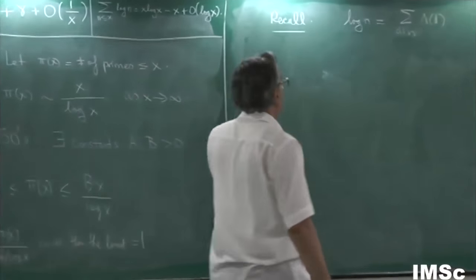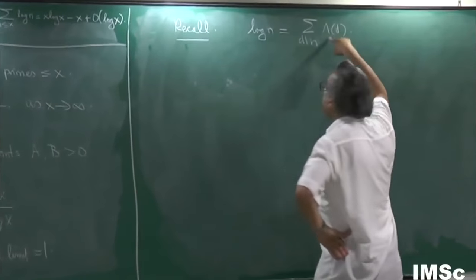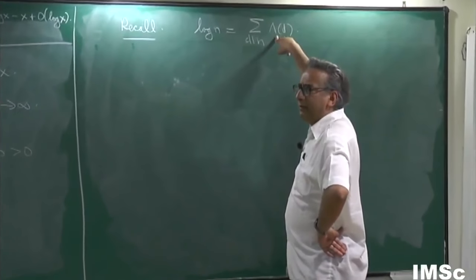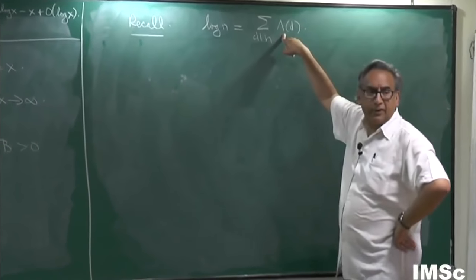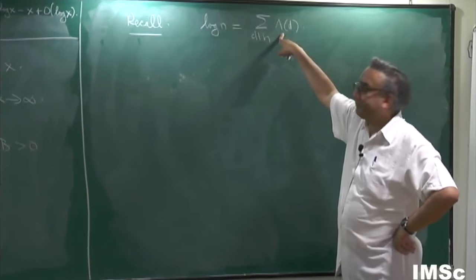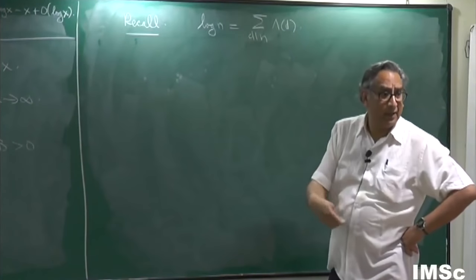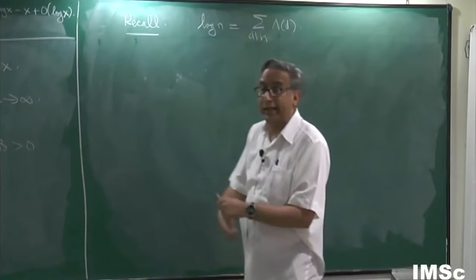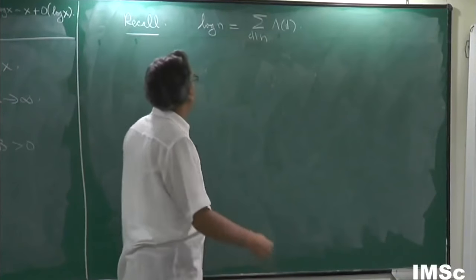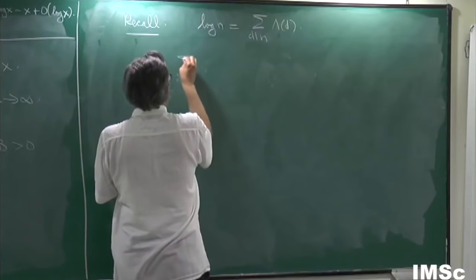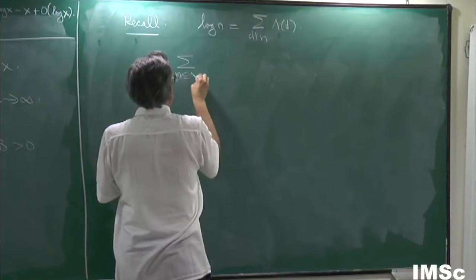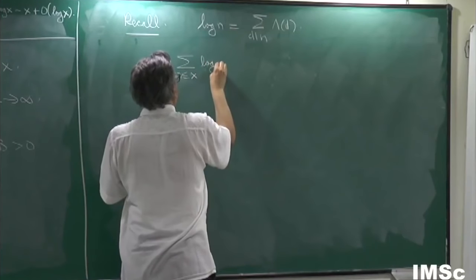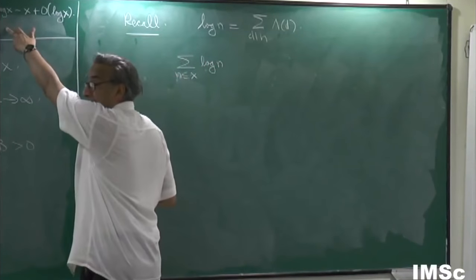So we know that. Somehow it's like a characteristic function of prime powers, except it's weighting the prime with log p. It's a weighted characteristic function. So on one hand, we know the sum over n less than x of log n from this.